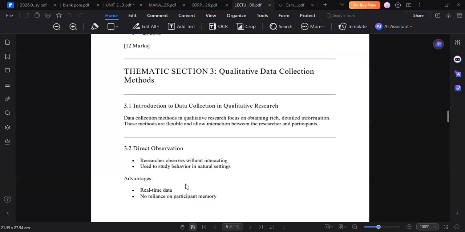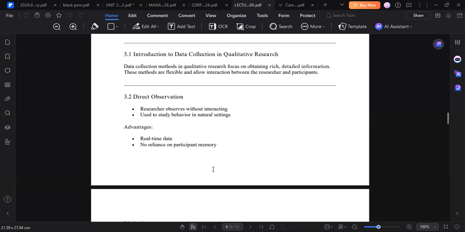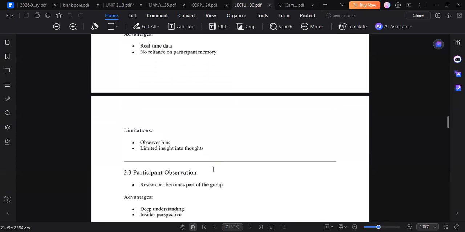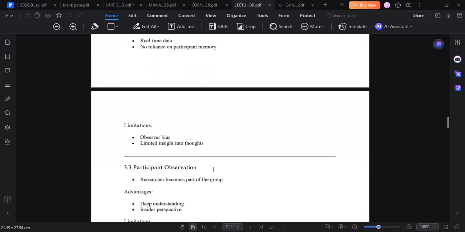It gives you real-time data. There's no reliance on participants' memory. Okay? The limitations are that there's observer bias and you are limited in your insight and thoughts. You may perceive something according to your own understanding because you did not get it from the actual participant.